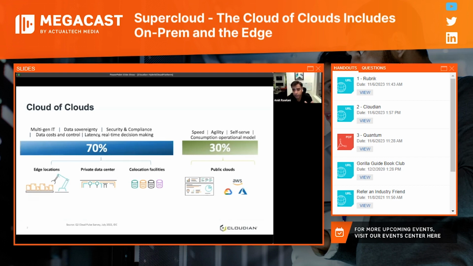Data sovereignty and data residency are a huge factor, especially in a lot of countries that the hyperscalers are not native to or are not the country of host. And then there are security and compliance reasons for which data needs to stay on premises, and of course there's the latency and real-time decision making of the world.